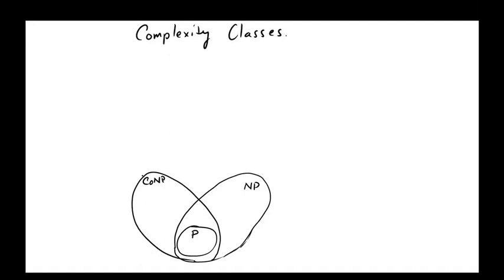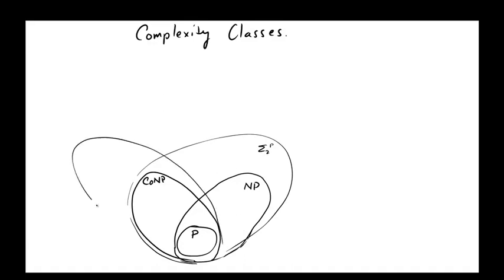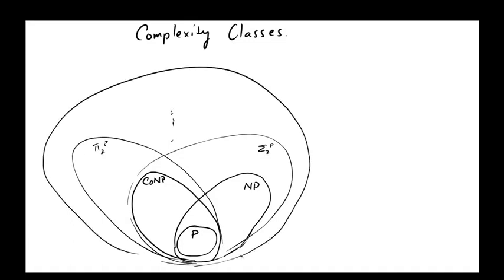And then it turns out there's an infinite hierarchy of such classes: NP, coNP, what's called Sigma 2 P, Pi 2 P, etc. This entire class of problems forms what's called the polynomial hierarchy.